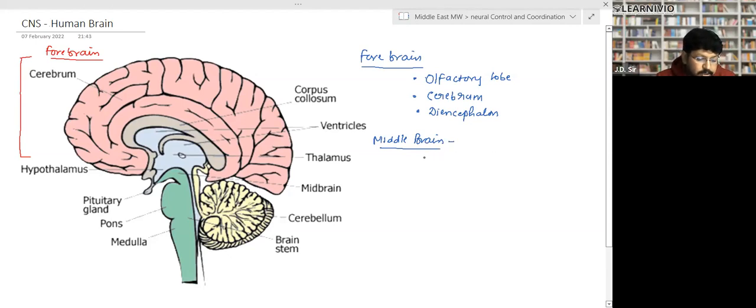The middle brain is divided into two parts: corpora quadrigemina and crura cerebri. The first part is corpora quadrigemina, the second part is crura cerebri.